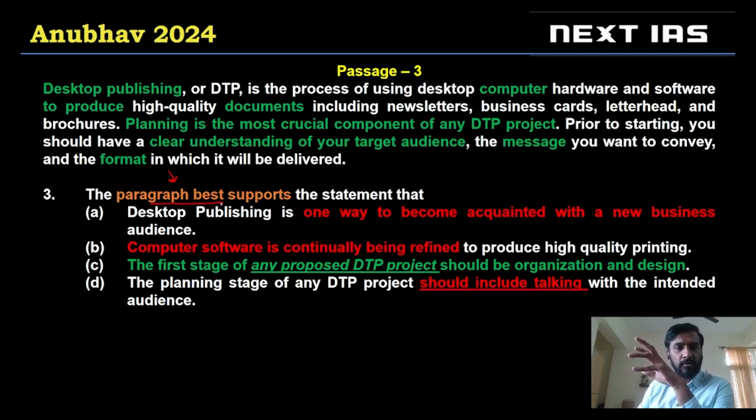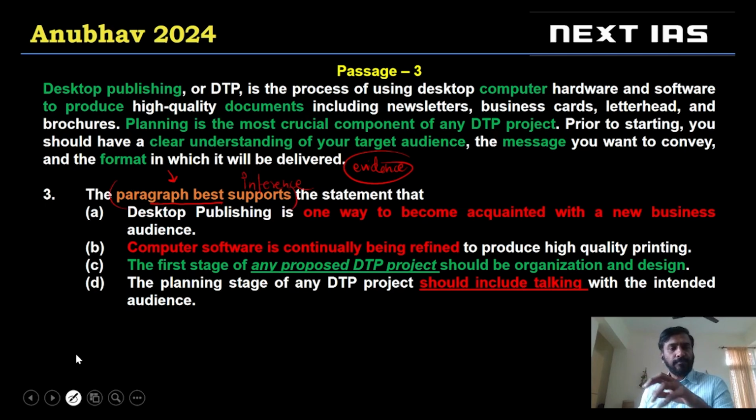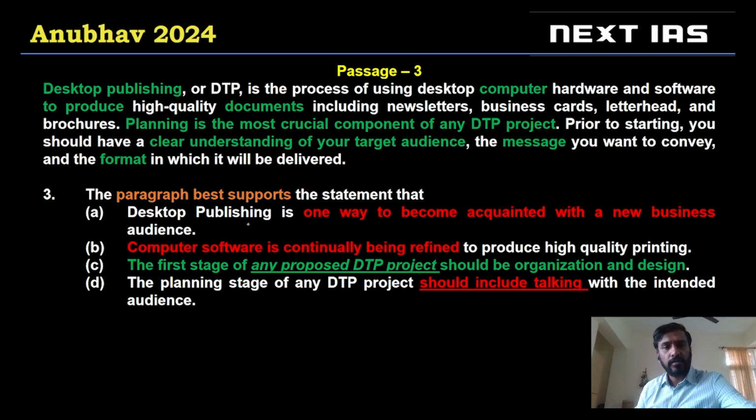Here the paragraph best supports. So paragraph best supports is basically, what is the paragraph evidence of, right? So this is basically an inference question, okay, asked in a slightly different way. Now, let's look at this.